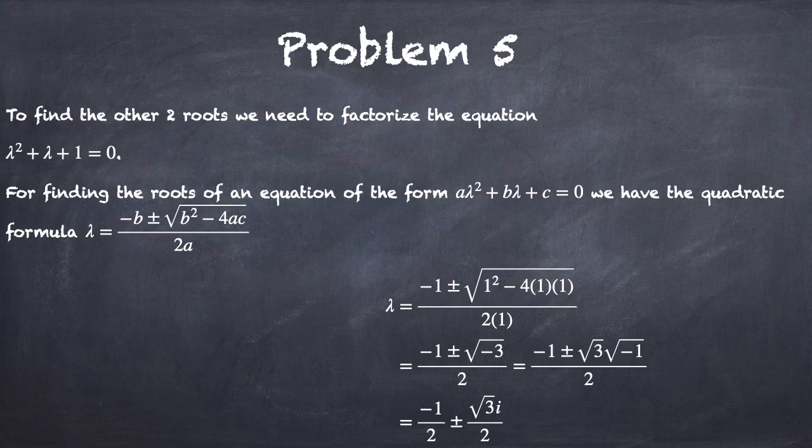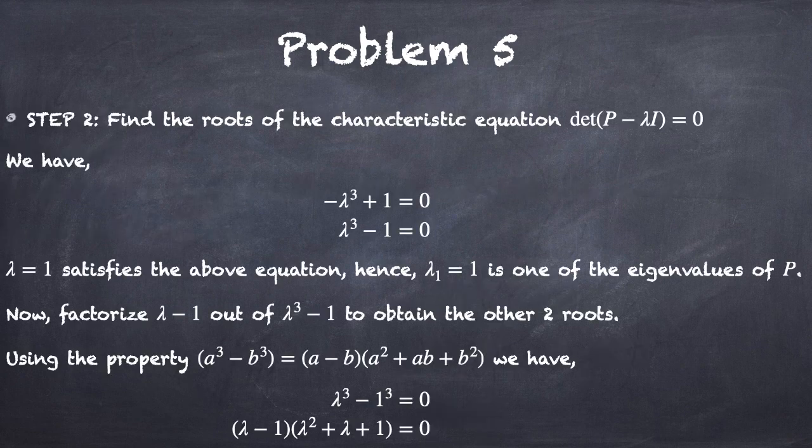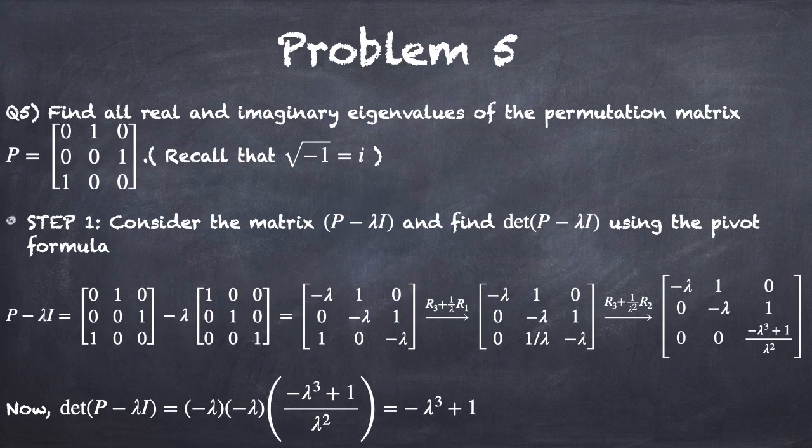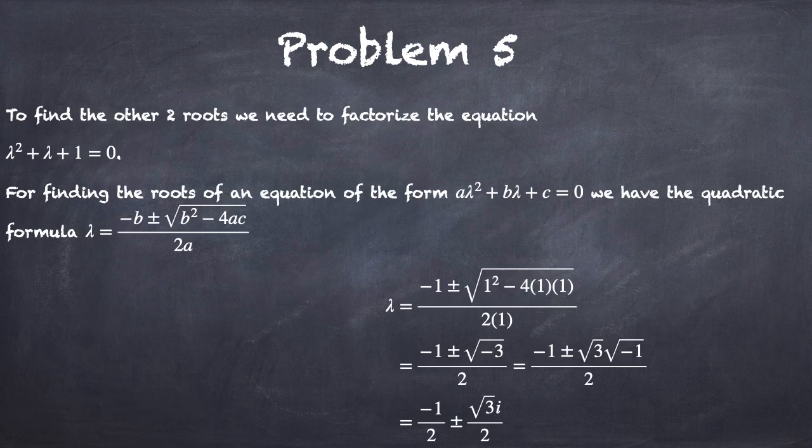After doing that, I got negative 1 plus or minus square root of negative 3, over 2. So I factored out square root of 3, and we have square root of 3 times square root of negative 1. As we discussed earlier, the hint was to take i equals the square root of negative 1. I just replaced the square root of negative 1 with i.